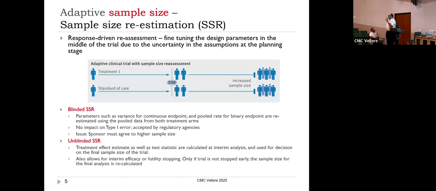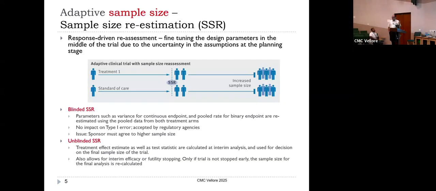I'm looking at weight as my outcome or change in weight, and I cannot afford the Tanita weight scale that is very precise. I'm using something else that I'm standardizing and calibrating, but the variance is higher. So I don't know what the variance is, and you didn't do the pilot study to know the variance, but now you find out the variance and want to recalculate with a higher or lower variance. Or you have a pooled rate for binary endpoints, the overall event rate, you use that, okay?